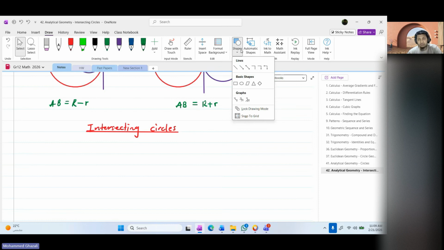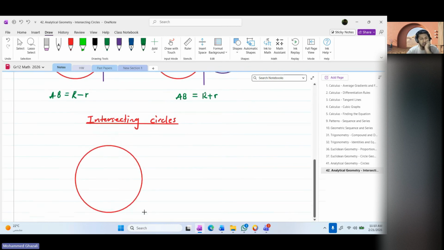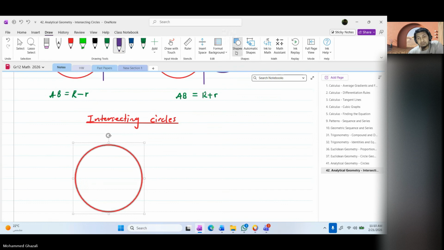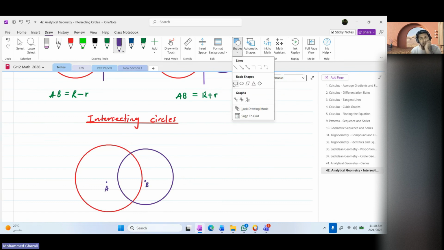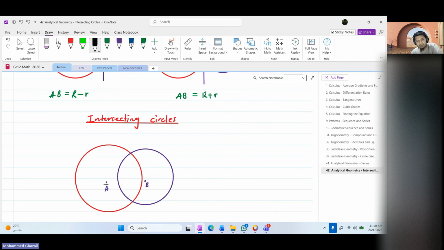In other words, the equations of two circles, but they intersect. So if they intersect, we have A here, and just say this is point B there. And now the thing about intersecting circles is that you have to take the difference and the sum.